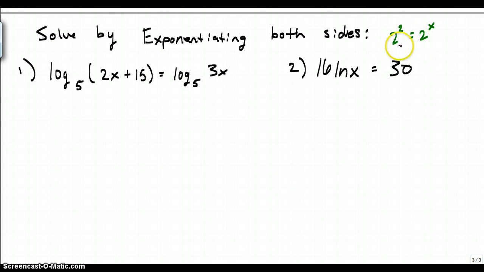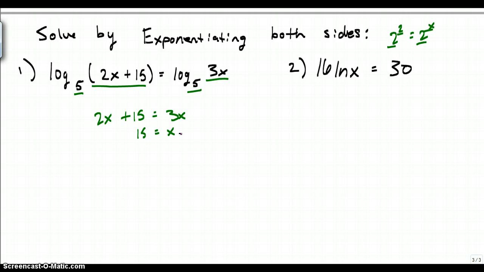It has to be 2 because our bases are the same, so our exponents have to be the same. The same thing applies for logarithms. If our bases are the same, then what we're taking the log of has to also be the same if these two things are equal. So I'm left with 2x plus 15 equals 3x. Subtract 2x from both sides, you get 15 equals x. And that's the short way to do it.